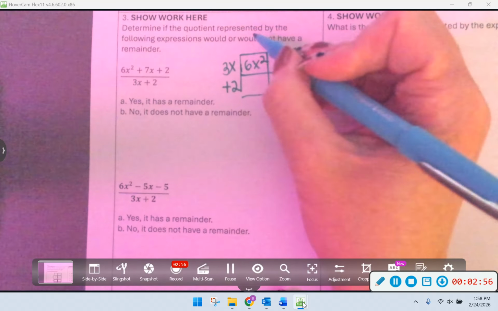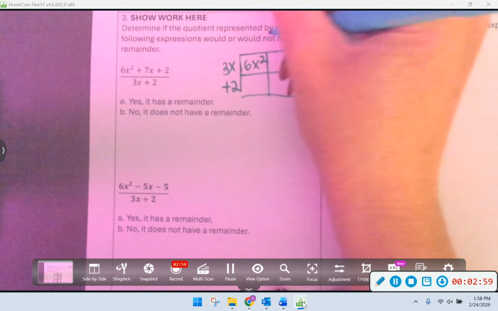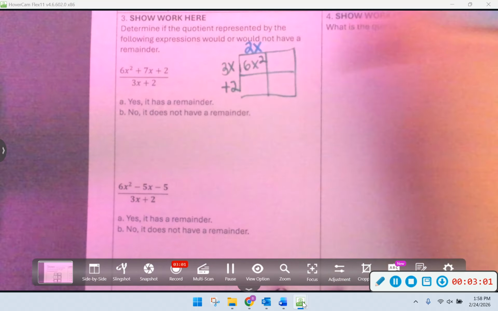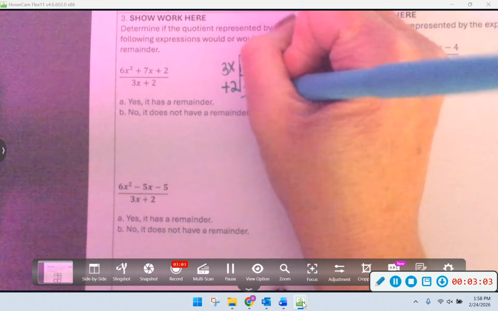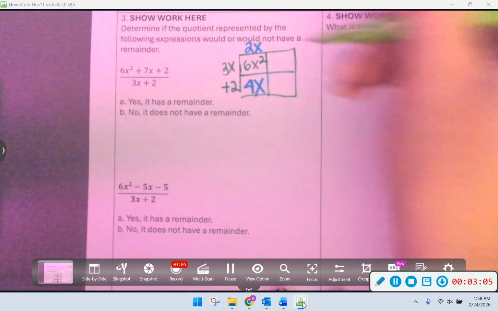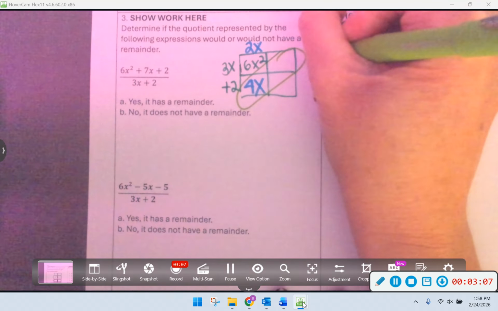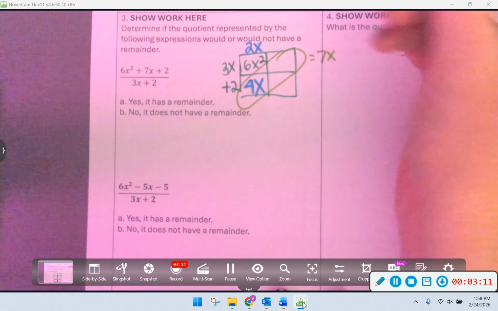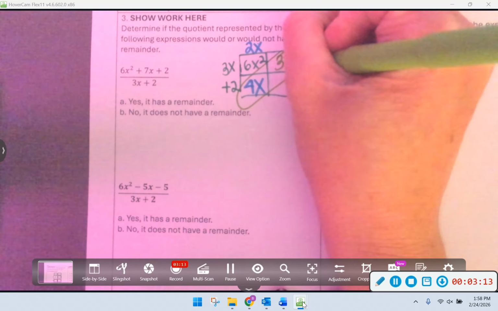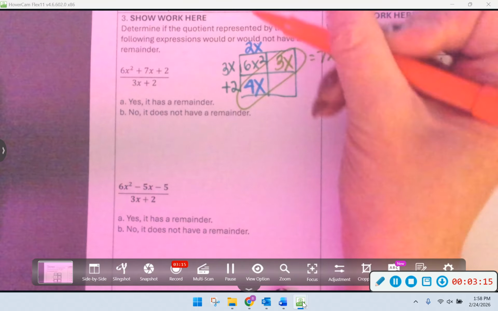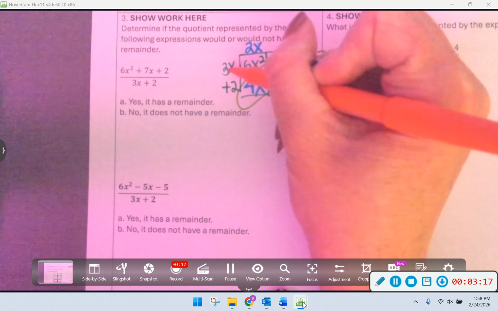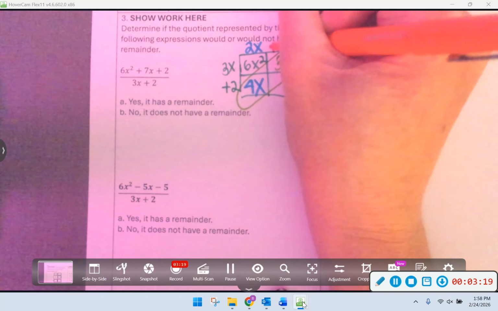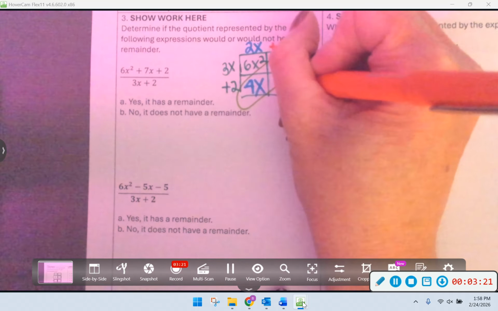What times 3x gets me 6x squared? 2x. 2x times 2 is 4x. Take our diagonal. We want it to add up to 7x. So 4 plus 3 is going to get me 7. What times 3x gets me 3x? So it's going to be 1. 1 times 2 is 2.